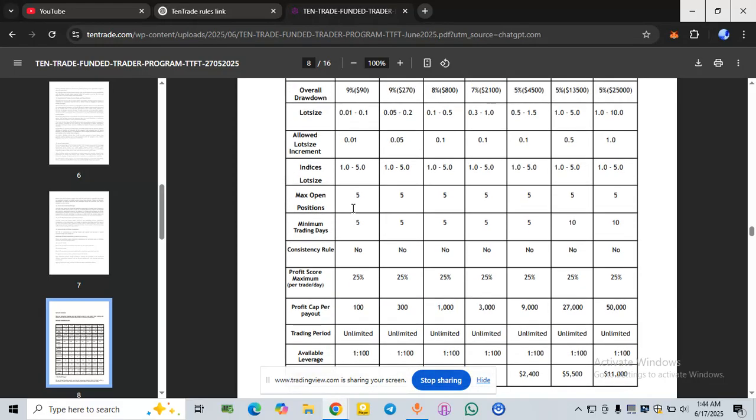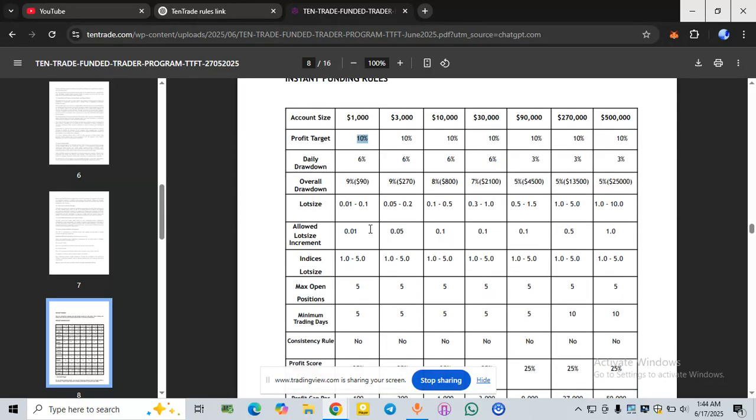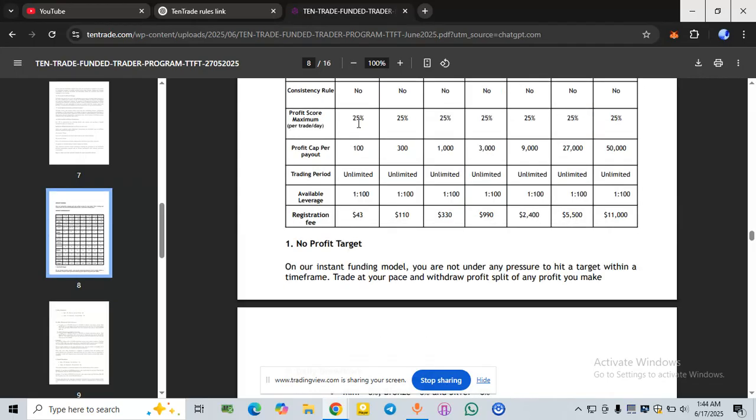Now, in as much as you've met the 10% target, your profit score is already above 25% of that $100. I'm going to make a separate video about this, but in summary, you should not make more than 25% of your target of that particular account, or 10% of that particular account, in a single trade or in a single day.